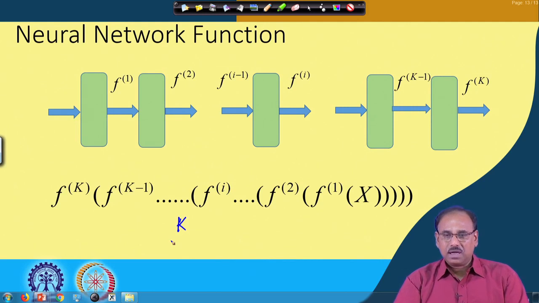This term, the depth of the network, is what gives rise to the concept of deep learning or deep neural network. So the more the depth, the deeper you are moving into the problem. The deep neural network or deep learning concept actually comes from the depth of the network, giving you the nonlinear transformation. It is related to that.